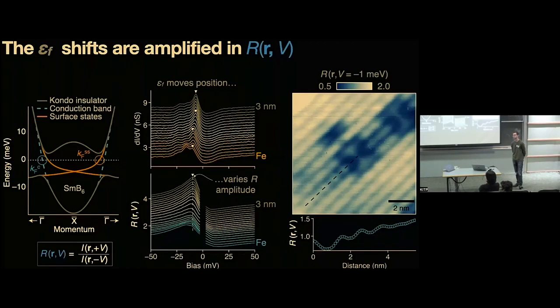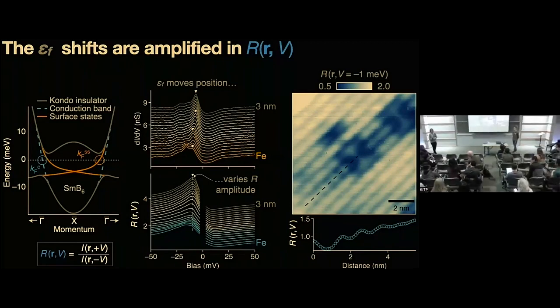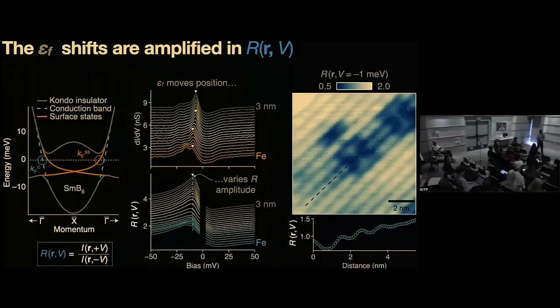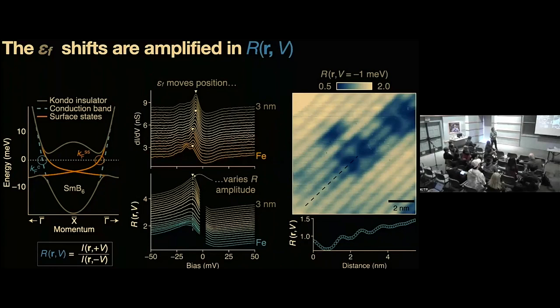Nice talk, Harry. I have a question which is similar to what Philip asked. Samarium hexaboride seems to have a lot of entropy mid-gap. So I was wondering whether from the surface measurement you could have some estimate of what the bulk Kondo hole concentration would be, and is there enough spectral weight to explain the observed entropy? The specific heat, yeah.